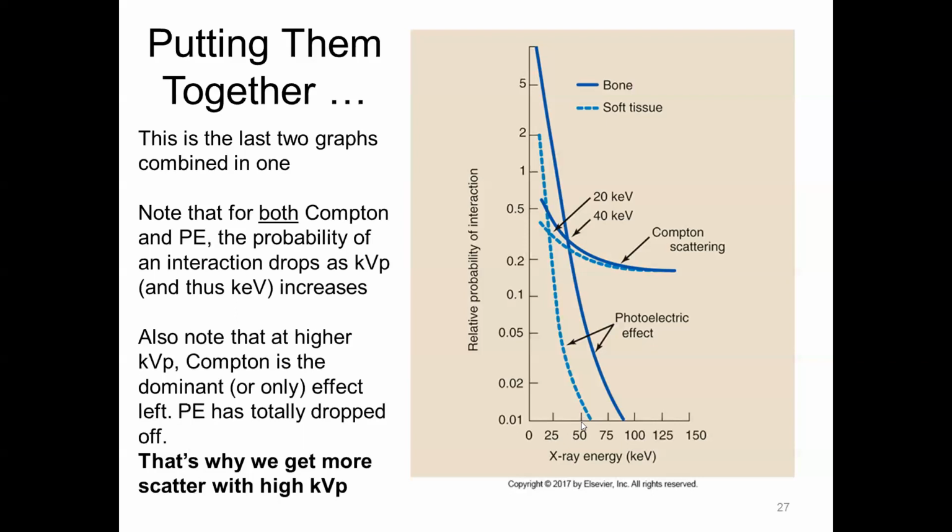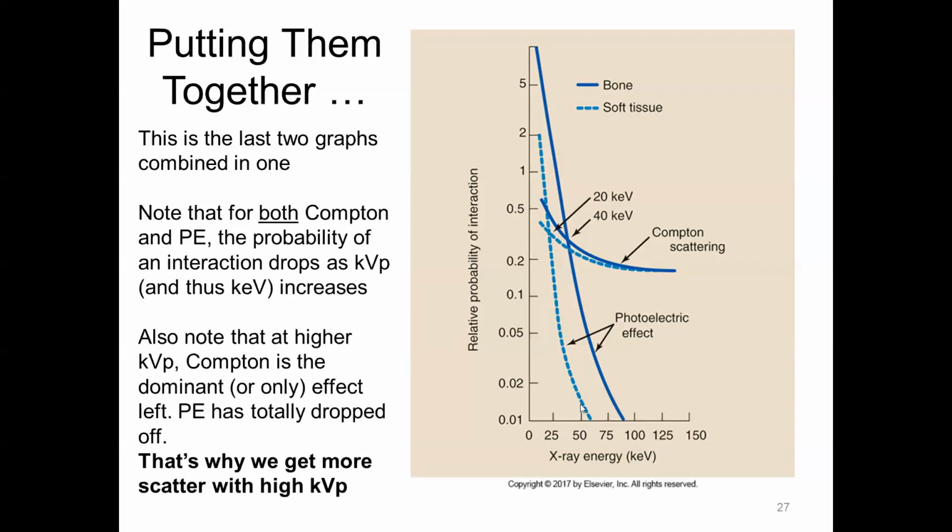So 50 kVp, your energy level of your photons, if you got a 50 keV photon, it has a good chance of being absorbed. That is here in the soft tissue. It's pretty low. It's not zero. It's pretty low.